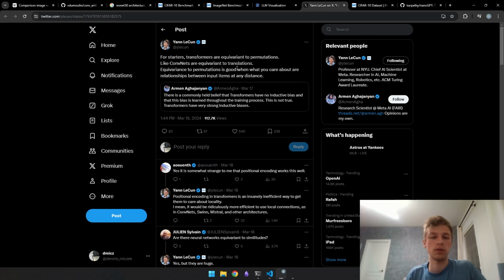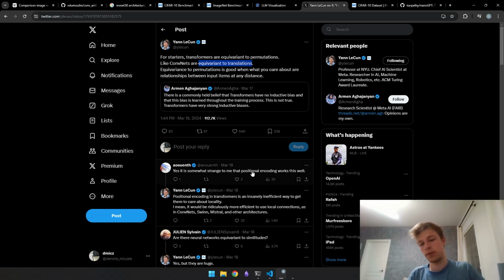And again, Yann LeCun in the tweet I mentioned earlier mentions this as well, as convolutional neural networks being equivariant to translations. These are things that transformers on their own lack. So it's a pleasant surprise when you train them on large enough data sets that they're able to either learn that inductive bias or overcome it, as well as what I mentioned earlier with positional encoding. That's also a pleasant surprise for sure.